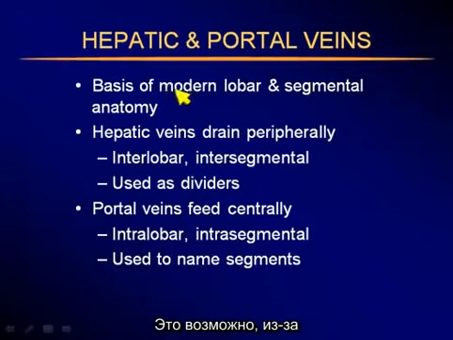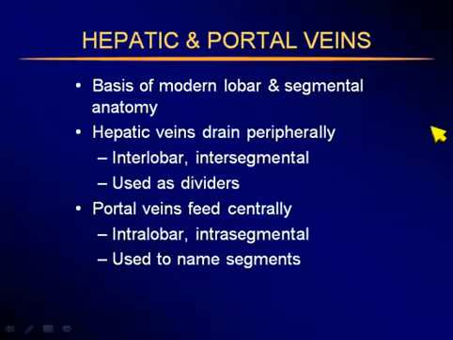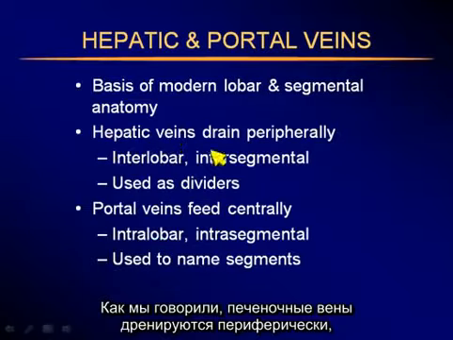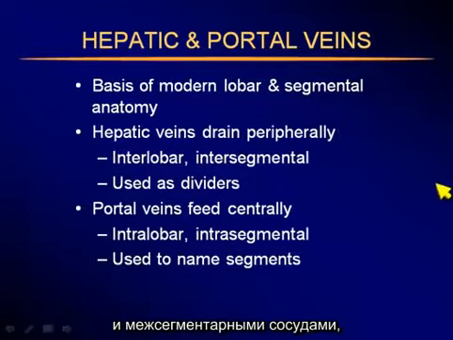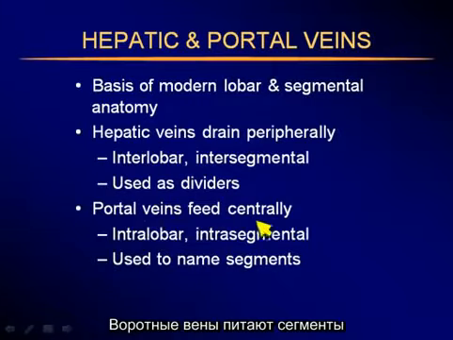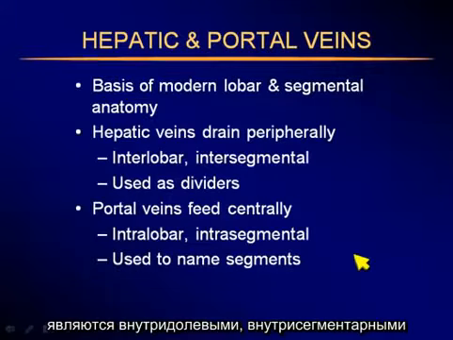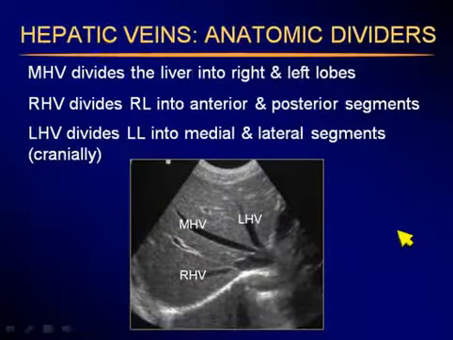This is possible because of our understanding of this lobar and segmental anatomy. Now, we've already told you that hepatic veins drain peripherally, so they are interlobar and intersegmental, therefore we use them as dividers. Portal veins feed the segments centrally, so they are intralobar, intrasegmental, and we use them to name the segments.